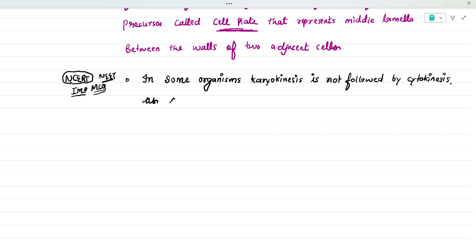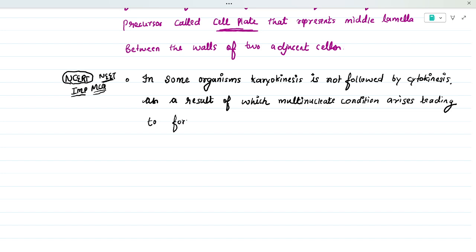As a result of which a multinucleate condition arises. I am writing this NCERT line, then I will explain, leading to formation of syncytium.